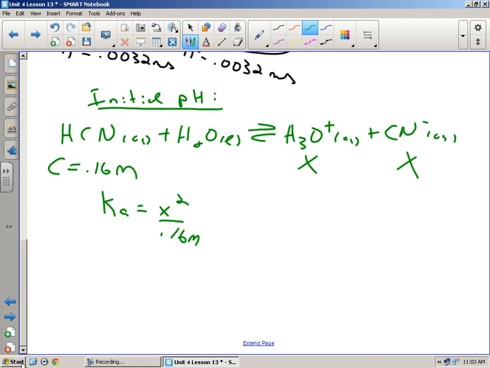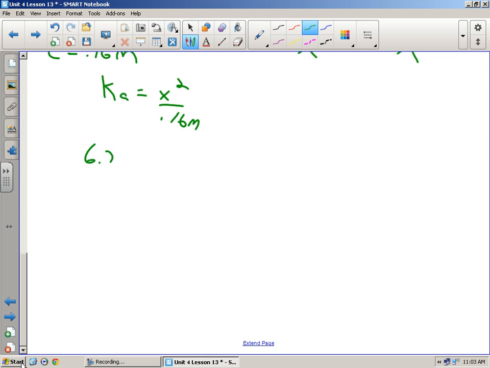And the Ka value for hydrocyanic acid is right there. 6.2 times 10 to the negative 10 is x squared over 0.16. We're going to figure out x here.